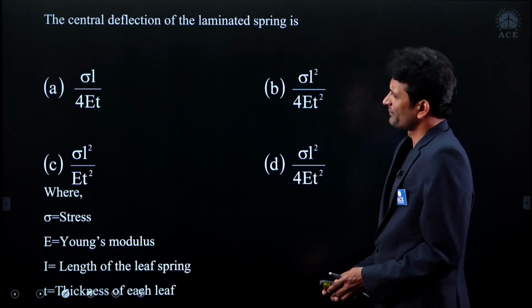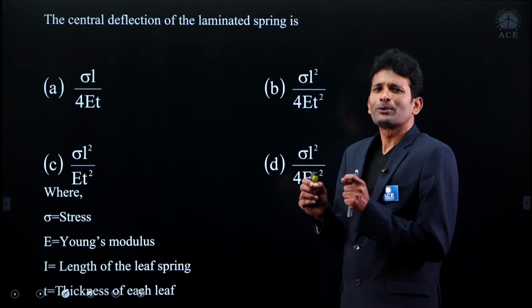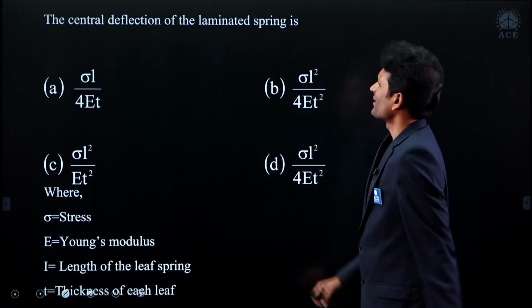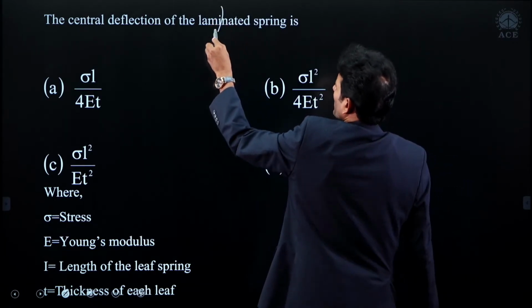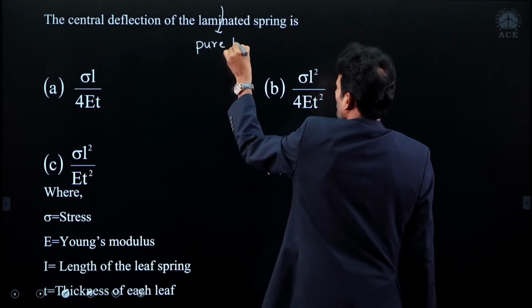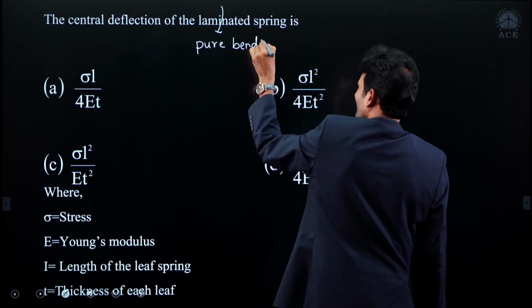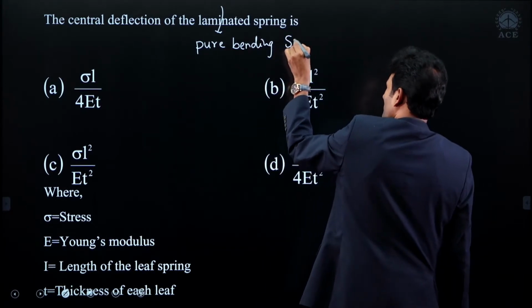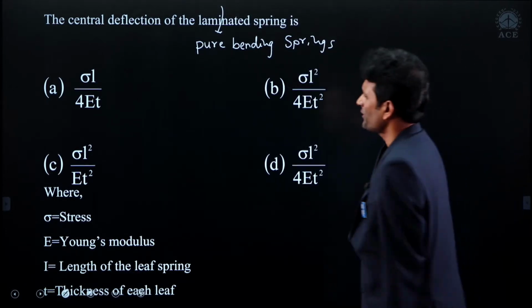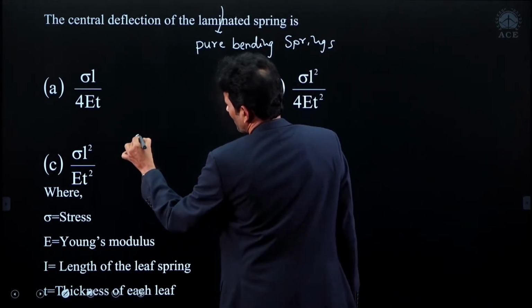We are having two standard formulas for the bending stress, as laminated springs come under pure bending springs. We know that. Laminated springs are considered as pure bending springs. Now, what is the maximum bending stress formula?